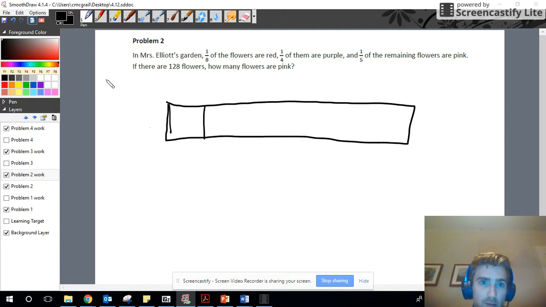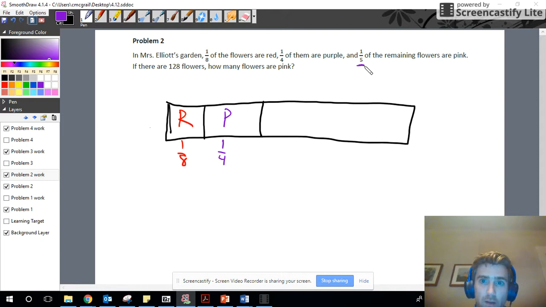We will call these flowers red, and that's 1/8. And then I know that 1/4 of them are purple, so I'll carve off this chunk, and I will label those purple, 1/4. Now, this is the amount that's left. These are not the amount that are pink.